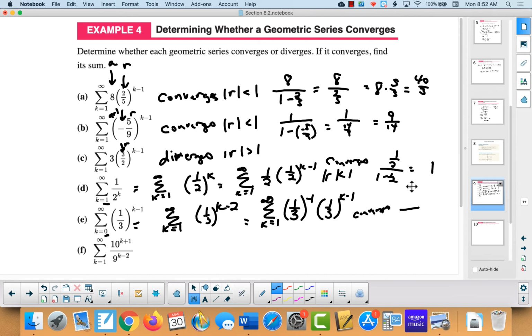And we have a over 1 minus 1/3, which is equal to 3 over 2/3, which is equal to 3 times 3/2, or 9/2.